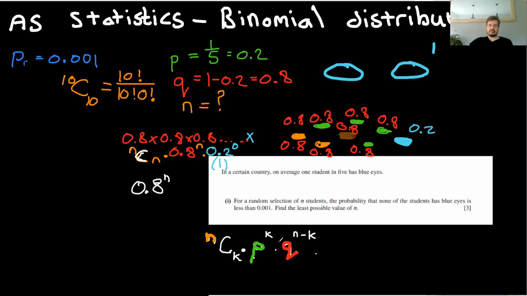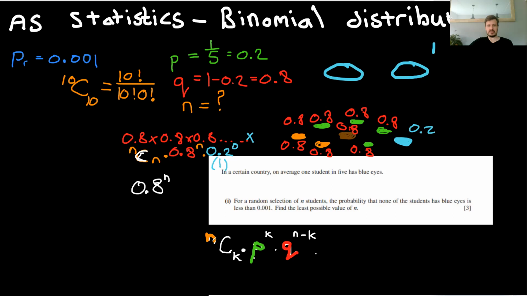Okay, so you'll see this formula. Let's just examine it. This P is your probability of success, and Q is the probability of not success.